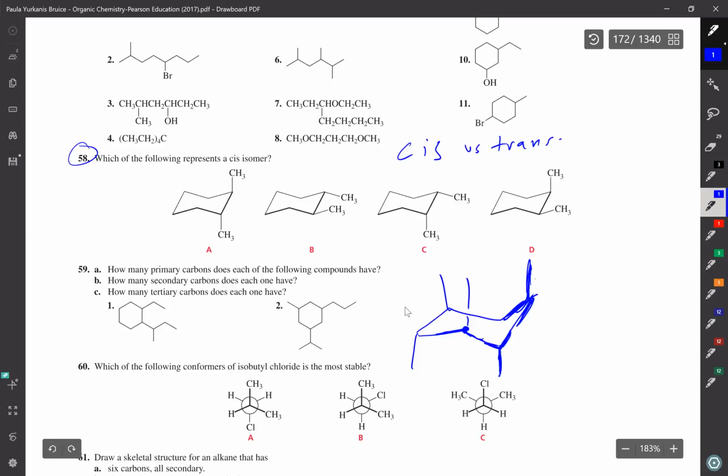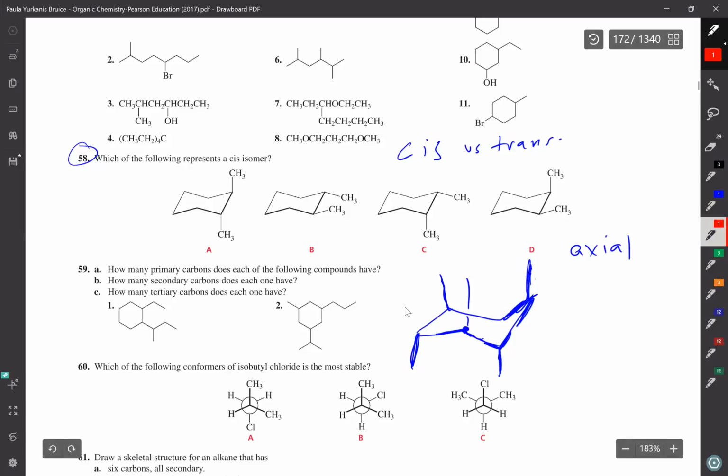It's the same story with this one, and the same story with that one. Now, all these bonds that I have drawn are referred to as the axial bonds. Does that make sense?